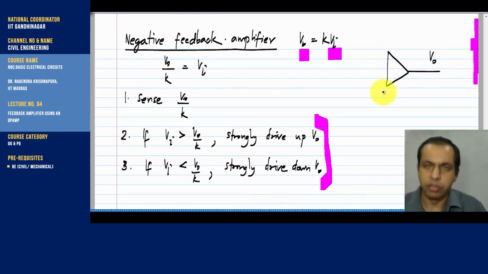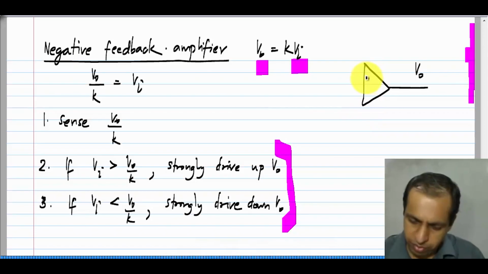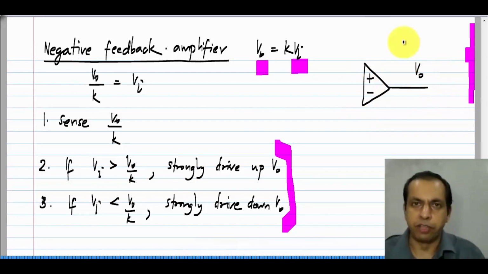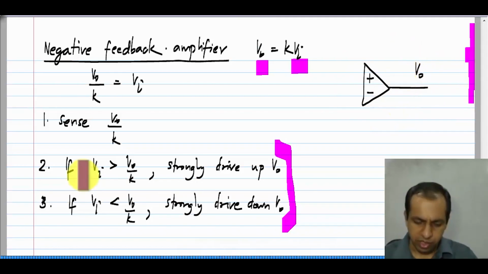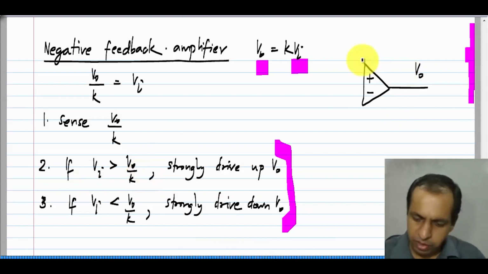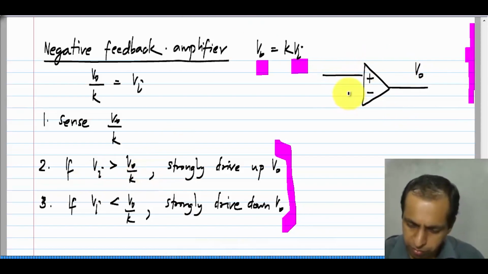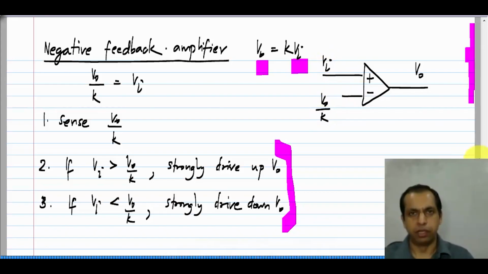The output of the op amp must be V naught, and it must be driven strongly positively if V I is more than V naught by k. So, I have to apply V I to one terminal and V naught by k to the other terminal.